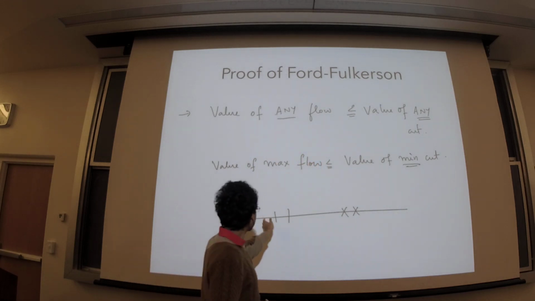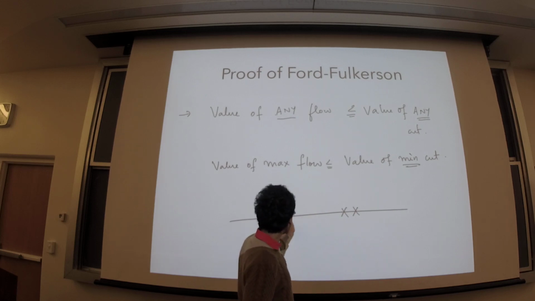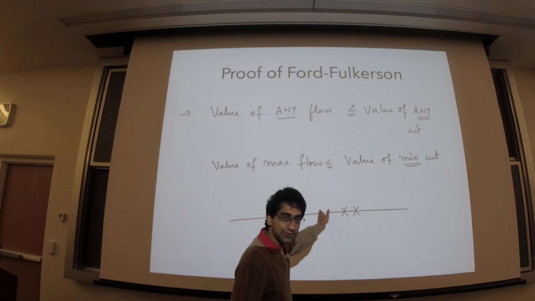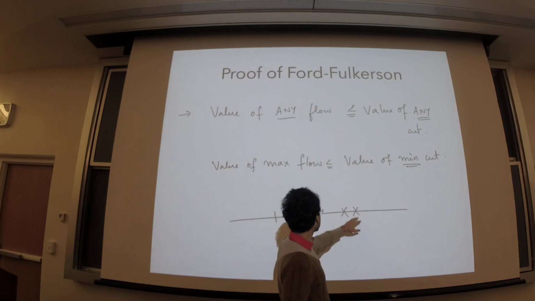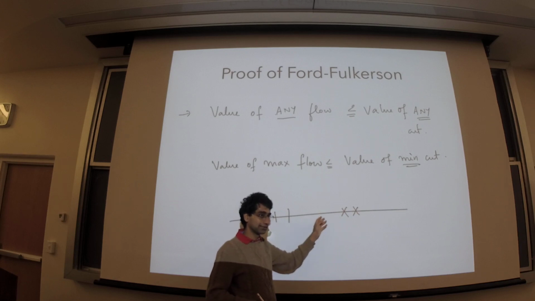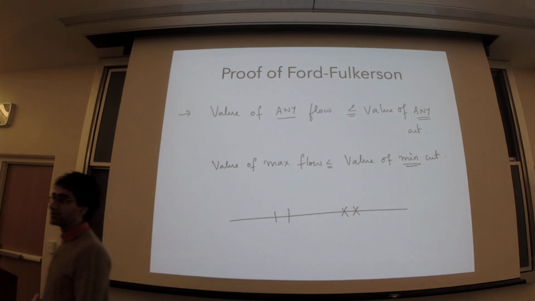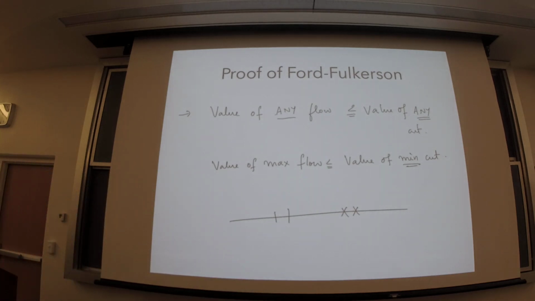So in particular, even if I took the best possible flow, that is one that has the largest possible value, it will still be smaller than or equal to the value of the minimum cut, which is the smallest possible cut. So that's what this statement establishes, right? So this is actually a strong statement. The value of any flow is this.